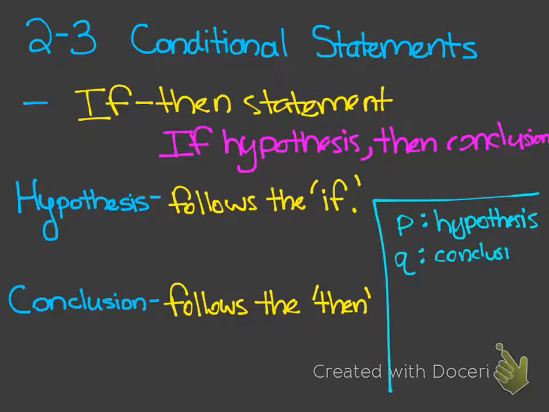So you'll see that with your book, and I'll use it sometimes, so it's important to know. So if you're writing a conditional in terms of symbols, you would say P, then Q. Okay, that means if P, then Q. Alright, so you'll see that notation a lot.